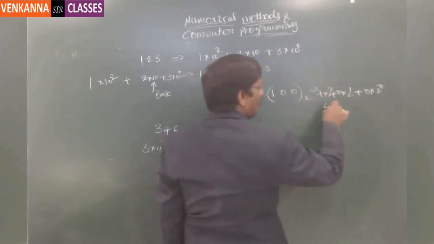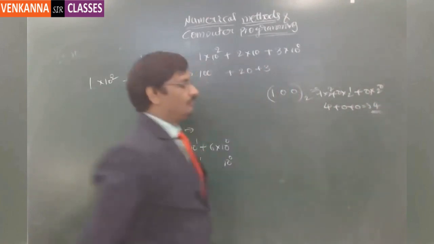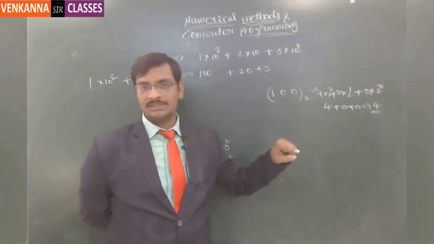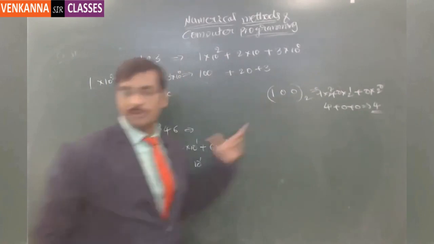So this is 4 plus 0 plus 0. So this is equal to 4. So like this, any number system, if you know the base, then you will be able to convert into the decimal number system in this particular manner.